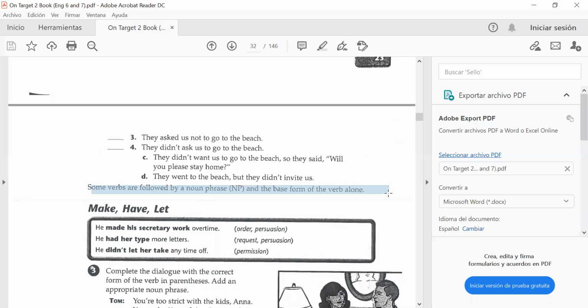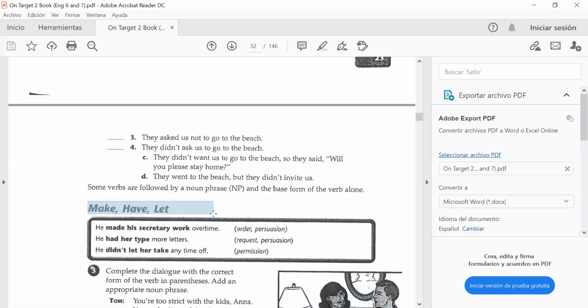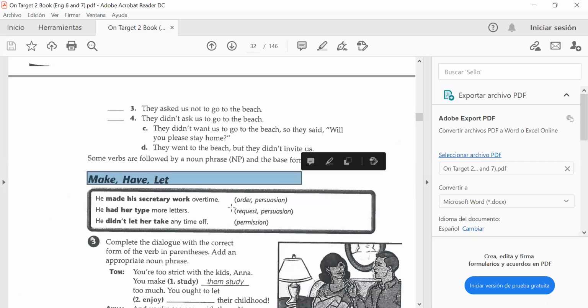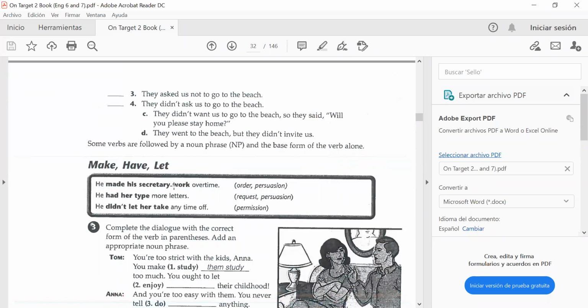After this explanation, it gives you some of the verbs that, with a noun phrase, don't accept the particle to. For example, he made his secretary work. He had her type. He didn't let her take. Now we are not using the particle to after the noun.